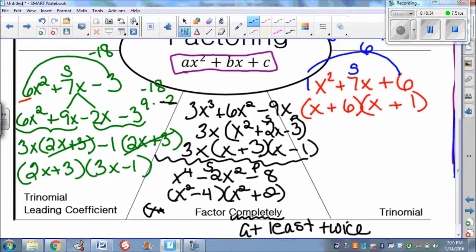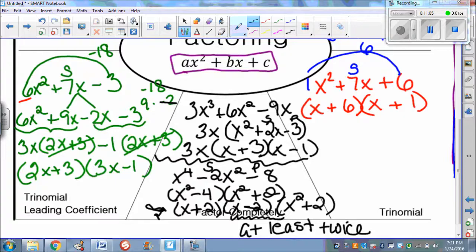into, whoops, sorry, my stylus has a mind of its own. Let's erase that. And it won't even let me erase it. There we go. x plus 2 times x minus 2. And I have to still bring down that x squared plus 2. That would be factored completely.